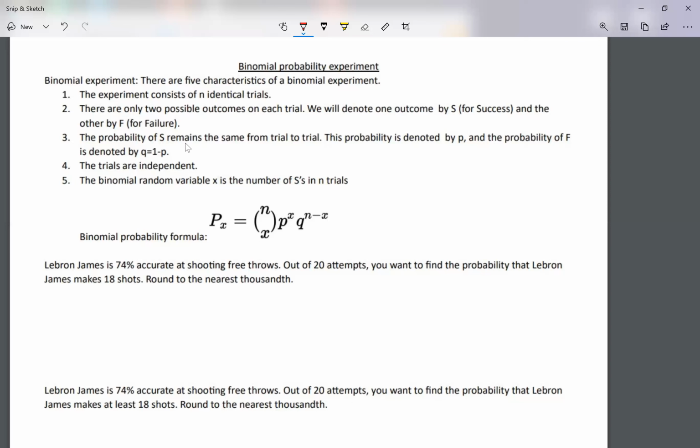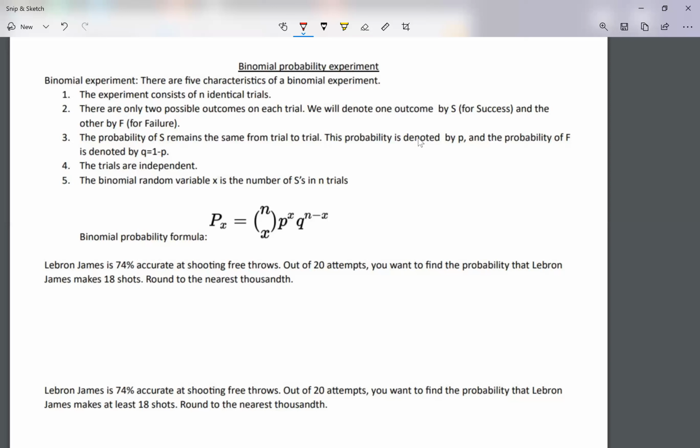Now, the probability of S remains the same from trial to trial. This probability is denoted by P, and the probability of failure is 1 minus P, which I wrote as Q. Let's say I'm a soccer player shooting penalties, and I have an 80% chance of making a penalty kick.